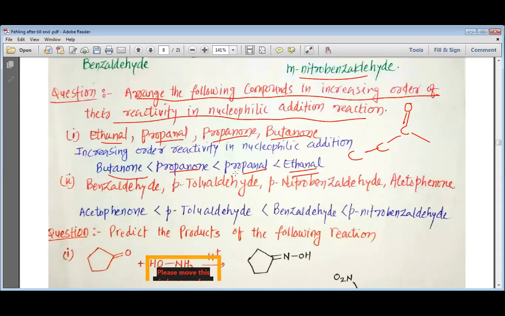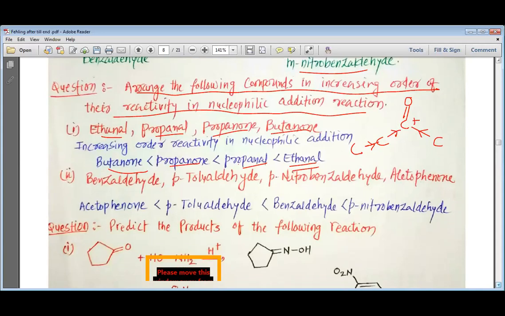In case of propanone, there will be carbon bonded at both sides, and in case of butanone, we will have four carbons bonded on this side, so they increase the electron density on the carbon, and thus the positivity of the carbon is decreased, and that is why butanone is less reactive towards the nucleophilic addition reaction.